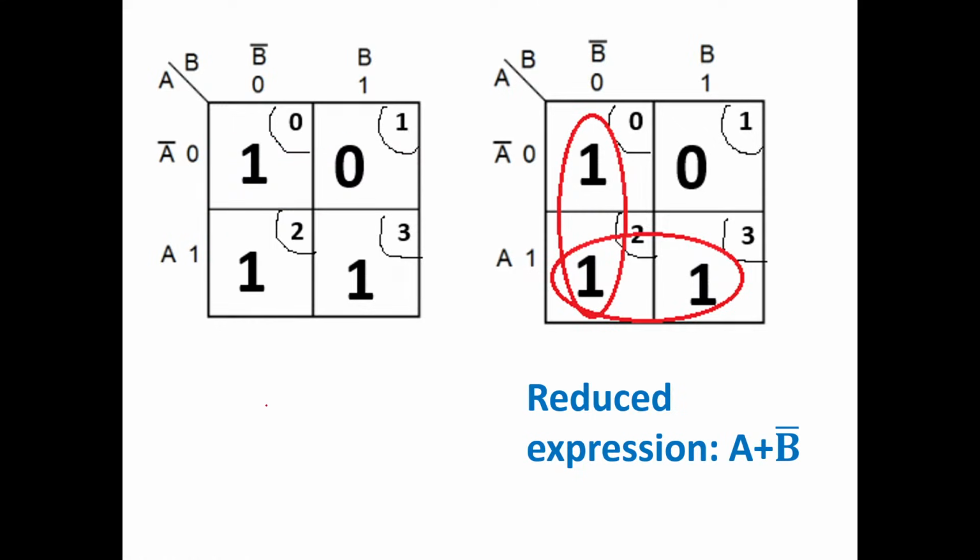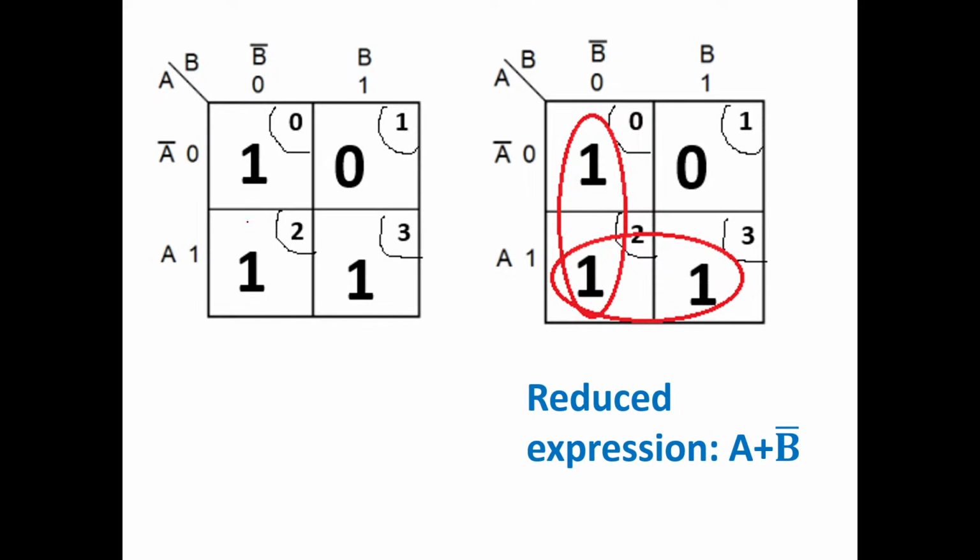So now you have to group these numbers. Here how many ones are there? 3 ones are there. You can group 2 boxes, 4 boxes, 8 boxes or 16 boxes.